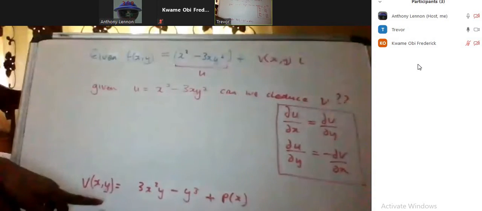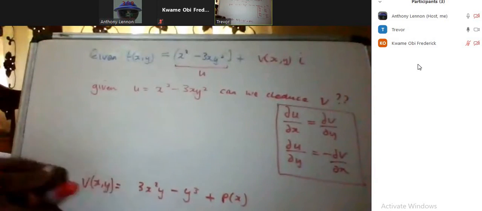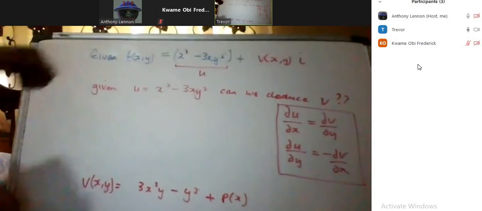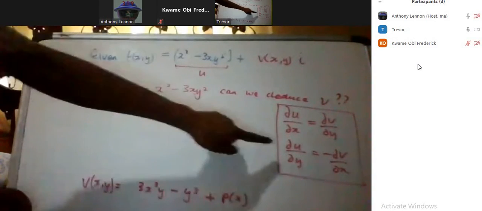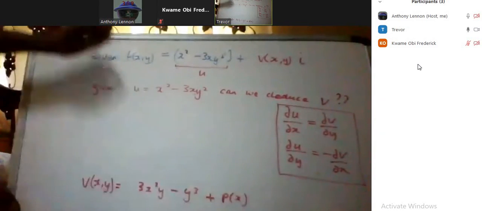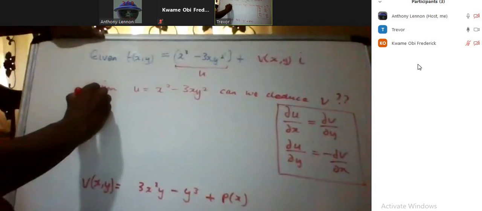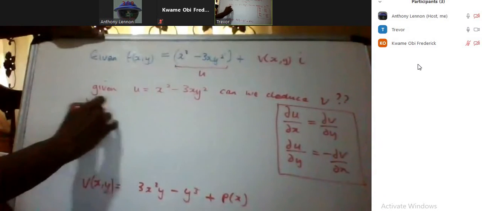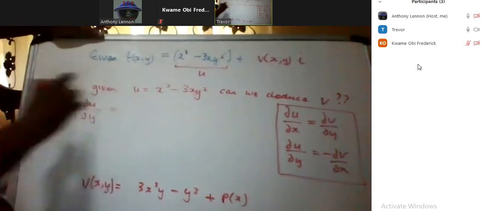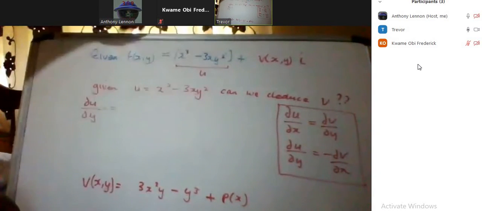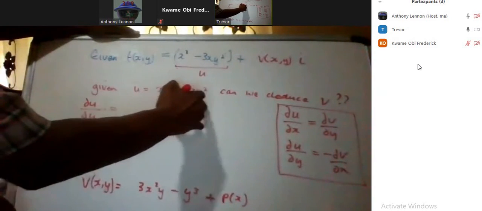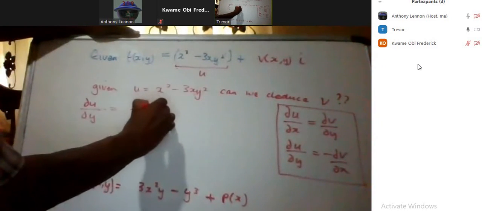So I got V. Now there's another route to getting V. If you're given U, I differentiate that with respect to y. So differentiate this with respect to y. This guy disappears, and this becomes minus 6xy.